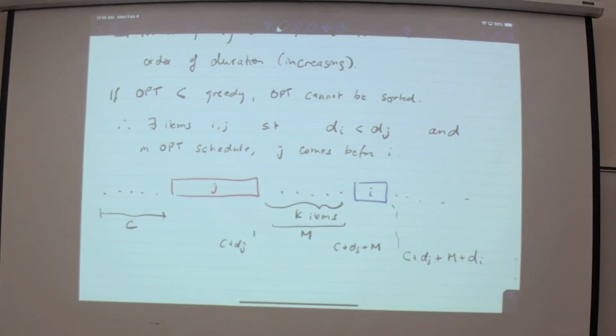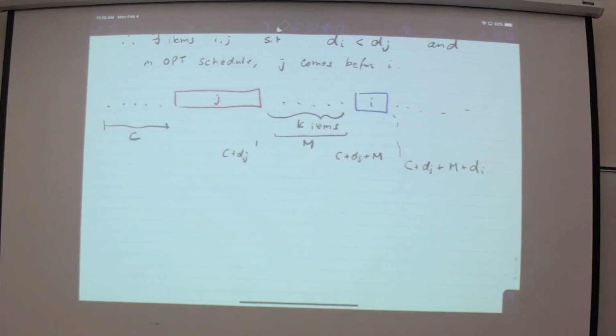So you have to look at the cost now. What is the cost going to be? Well, it's whatever cost you paid before. So you're going to pay C plus DJ, right? Plus a whole bunch of things. So it's going to be C plus DJ plus some duration, plus C plus DJ plus some other duration, plus some other duration, and so on, right?